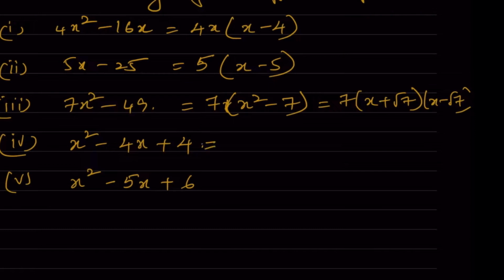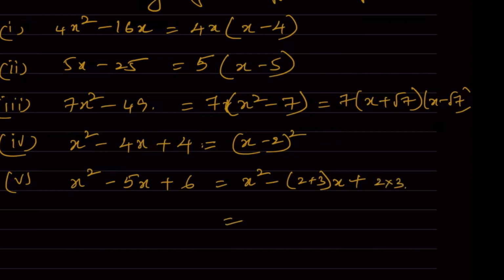And now here what identity do we use? We use x minus 2 whole square, because it is nothing but x square minus 4x plus 4. Then here we can again factorize this. x square minus, 2 plus 3 is 5, 2 into 3 is 6.